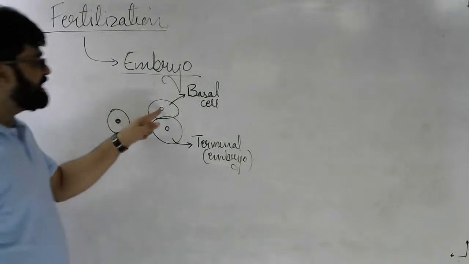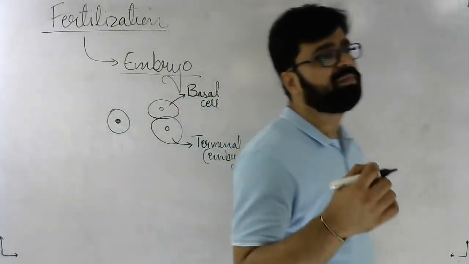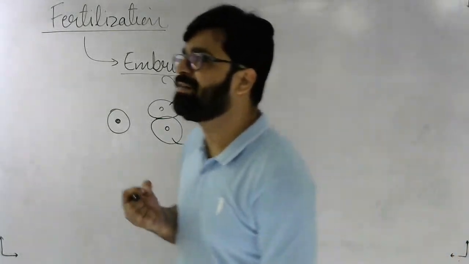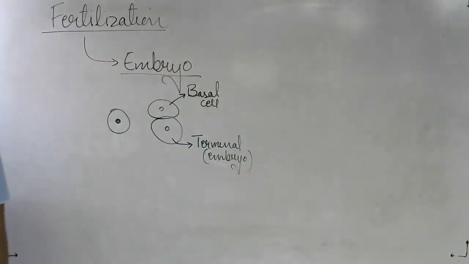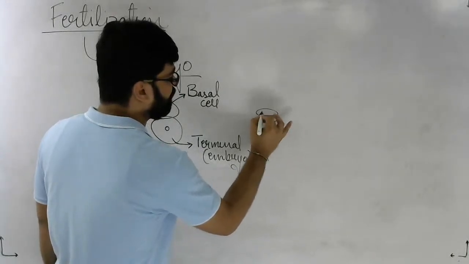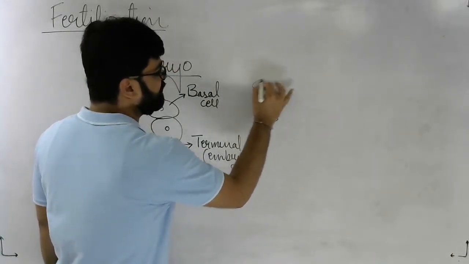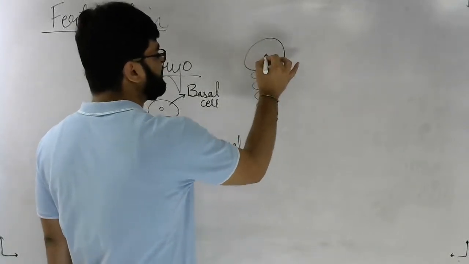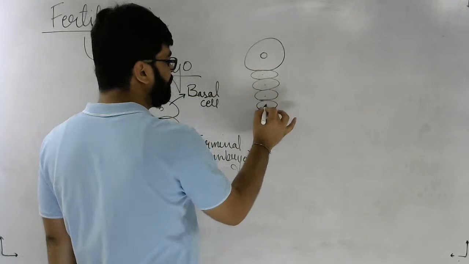Now, this basal cell will going to form suspensor. All right, and the last cell of suspensor is known as the haustorium. All right, like this. Basal को हम divide करते जाते हैं continuously 7 to 10 around, और इसका जो last cell है वो थोड़ा सा बड़ा होता है.